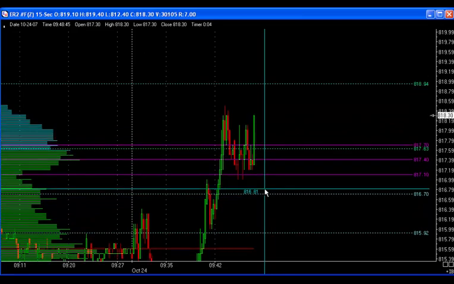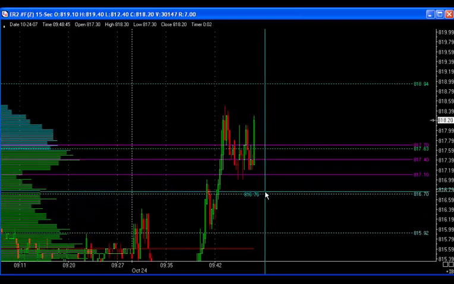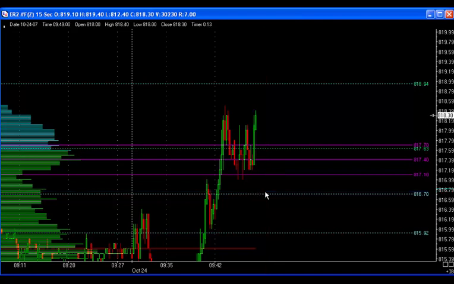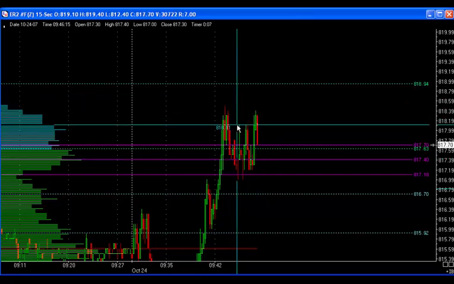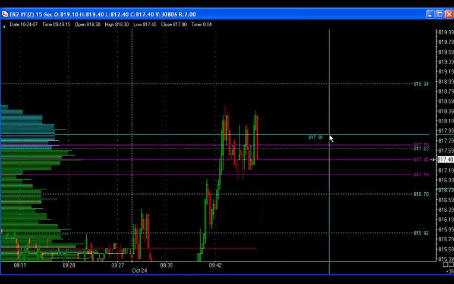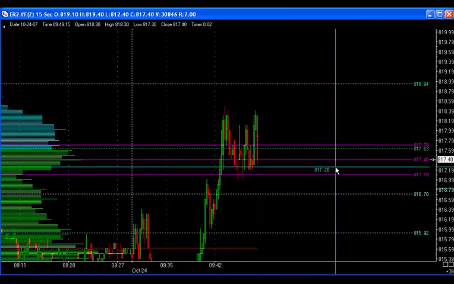Okay, so here we're coming back up again. Get to 818.94, we should break out of that and continue heading up. Now there's clearly more HUP data somewhere in here that's not on this chart.